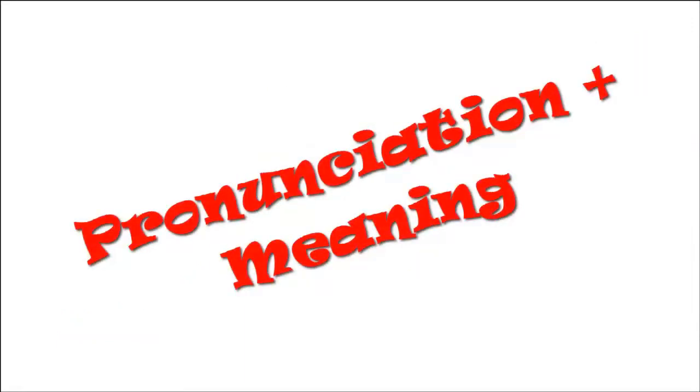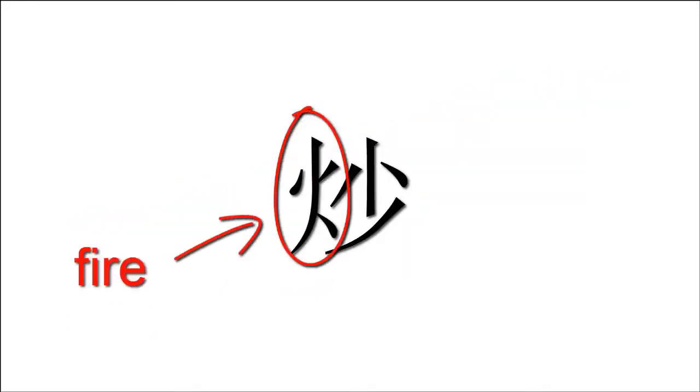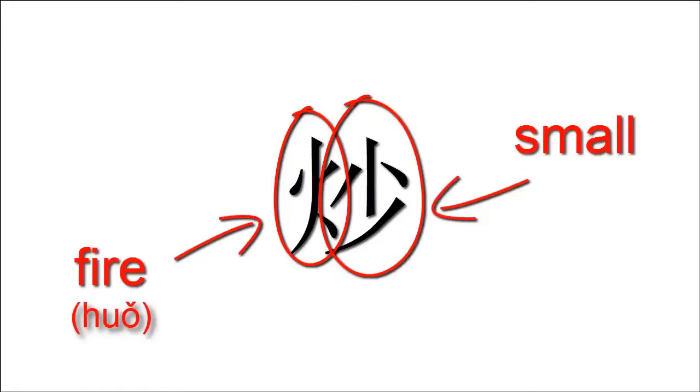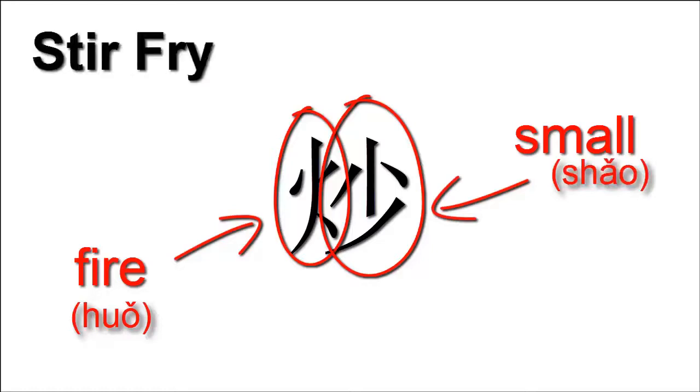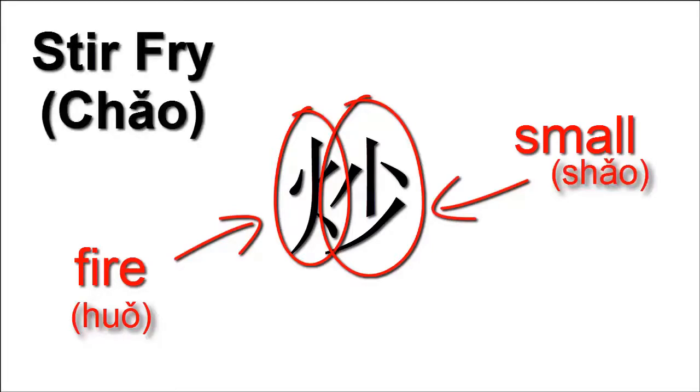Pronunciation plus meaning characters. Usually, one component indicates the meaning of the new character, and the other indicates its possible pronunciation. Occasionally, the second component may contribute to the meaning as well as the sound.